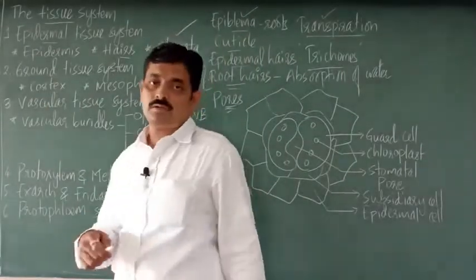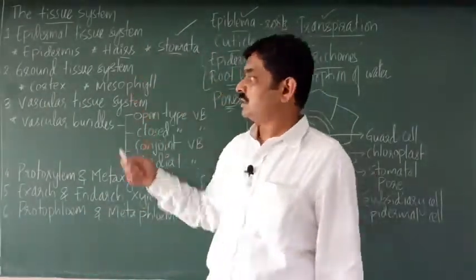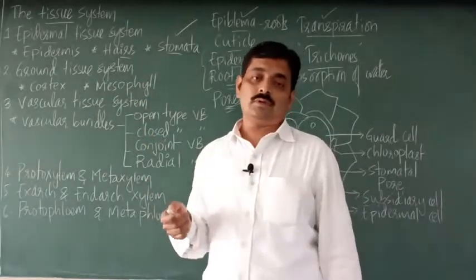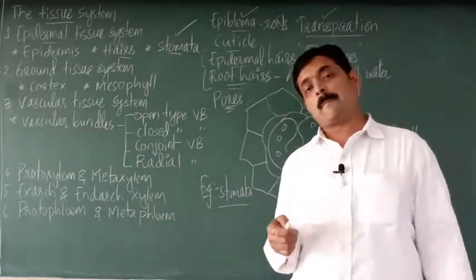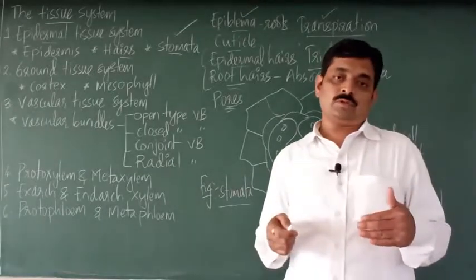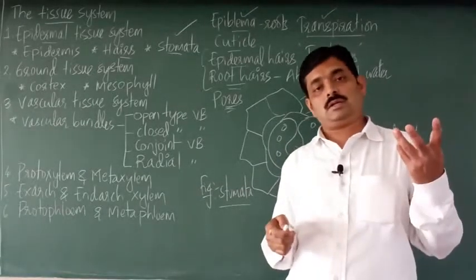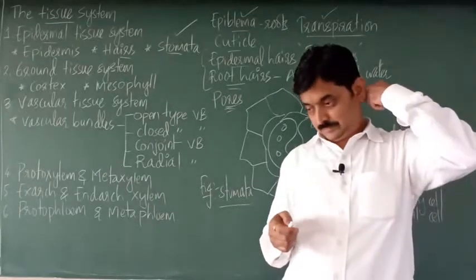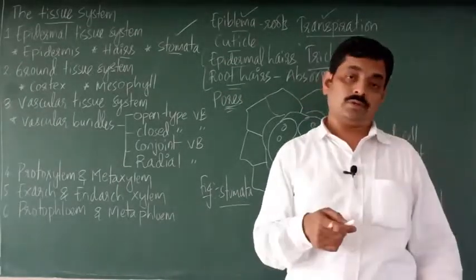Then the second tissue system is the ground tissue system. The ground tissue system is located below the epidermis. You may consider a stem or a root.